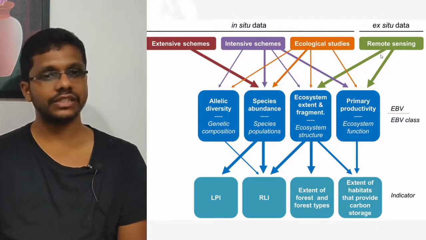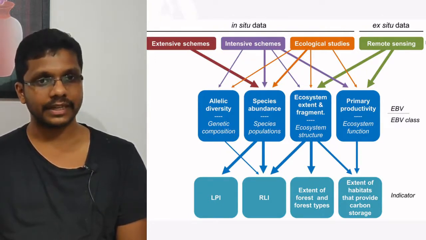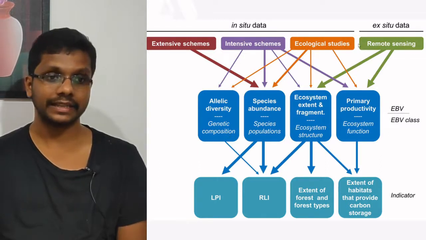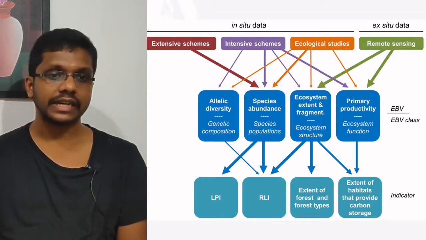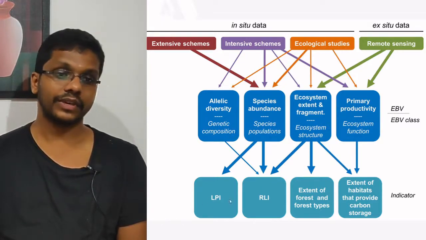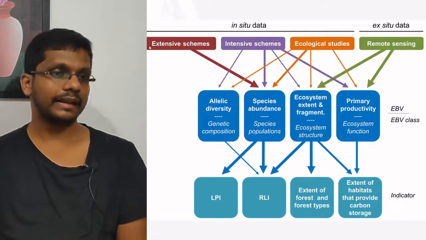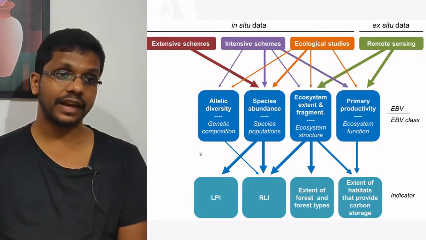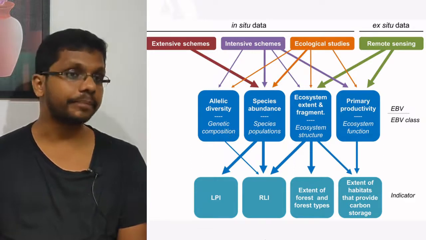So EBV is actually in the middle of these two, our primary data and the indicators. So it helps to integrate the primary data into indicators. Here we can see the arrows are going everywhere, and we will get some other type of indicators. So same like the previous image, we have primary data, EBVs, and indicators, and based on indicators we are making policies and laws and etc.